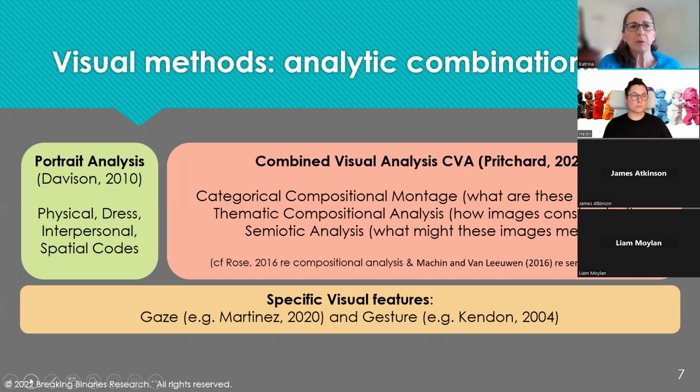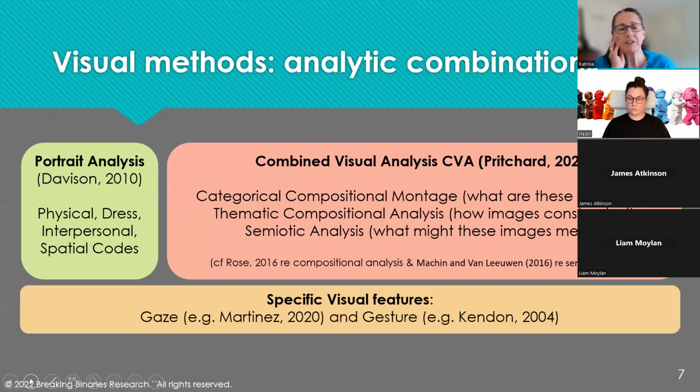So essentially here we pulled in 3 different approaches, one of which I've already mentioned. I developed, which we call combined visual analysis. That itself is already a combination. It's a combination particularly drawing on Rose's work on composition analysis and quite a lot of different authors, but particularly Machin and Van Leeuwen on semiotic analysis.